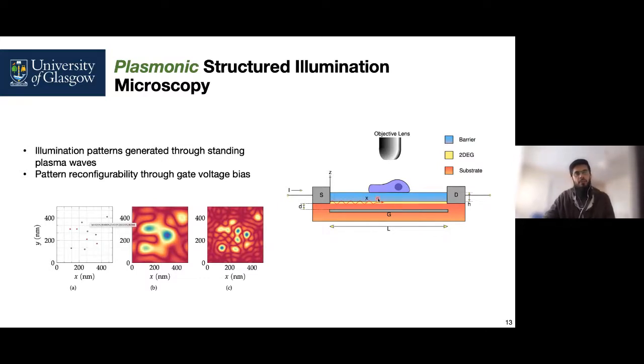More interestingly, in contrast with other structured illumination microscopic techniques, in this proposed method we actually excite or illuminate the sample from the sample stage rather than having another external beam exciting the sample.